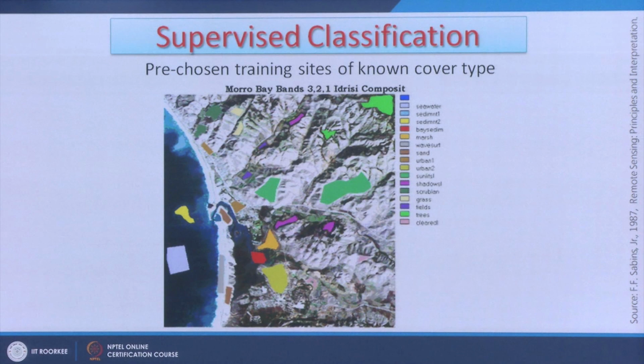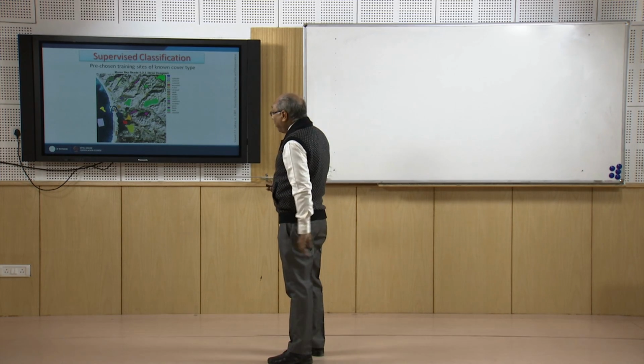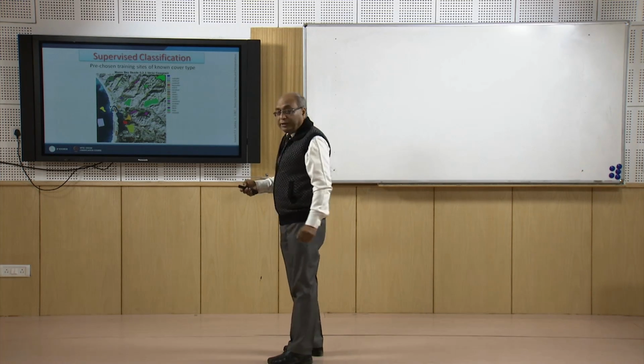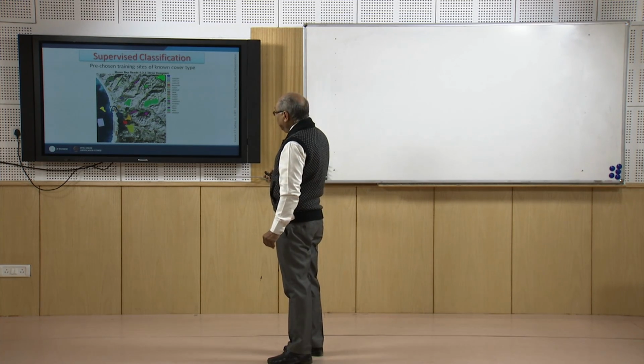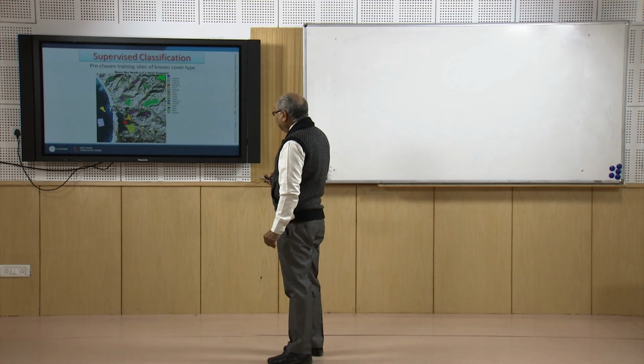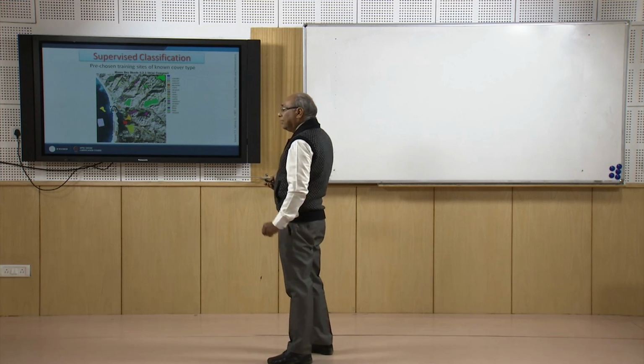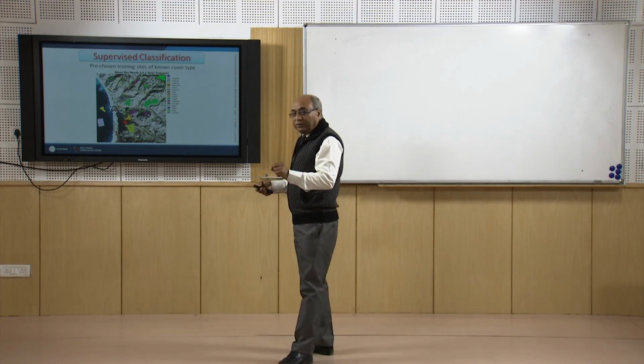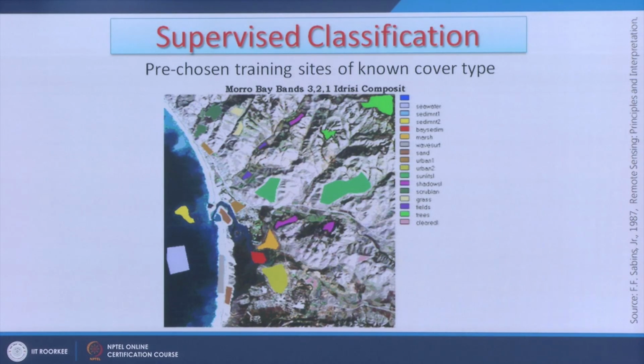Based on image interpretation or maybe prior knowledge about the area, I am sure that this area has trees, big trees. So this much spectral characteristics have been collected and assigned a color, declaring to the system that wherever you find similar spectral characteristics within that image, classify it as trees.